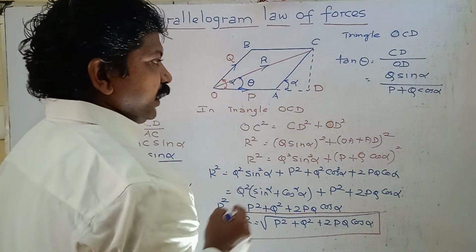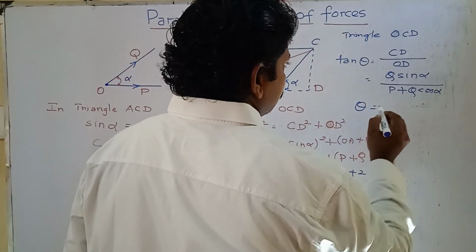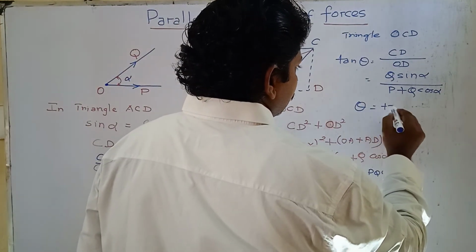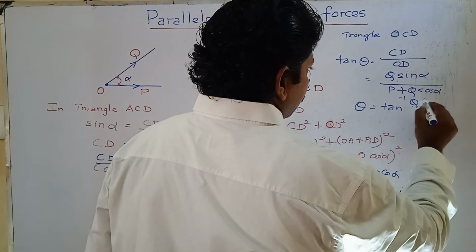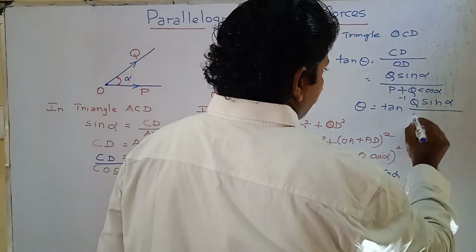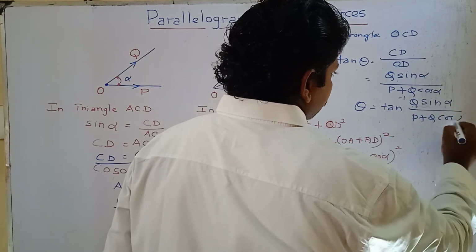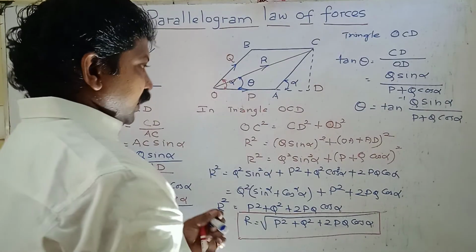So theta equals tan inverse of Q sin alpha divided by P plus Q cos alpha. This is the direction of the resultant.